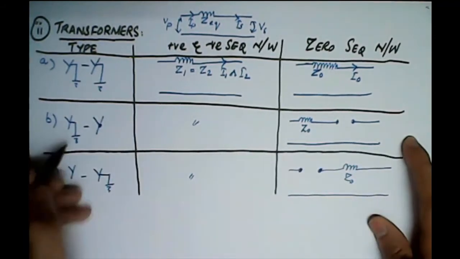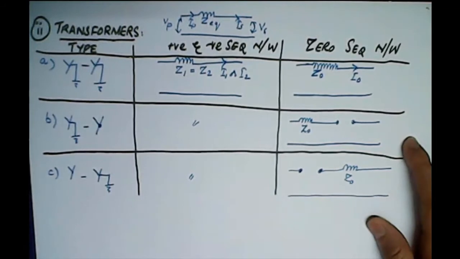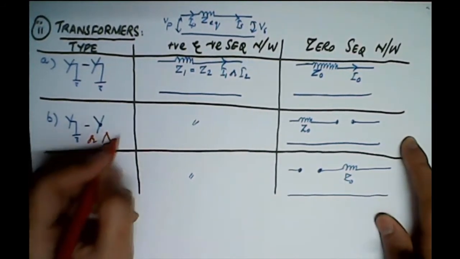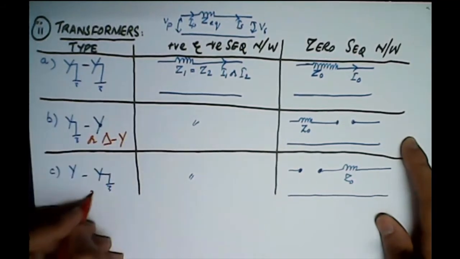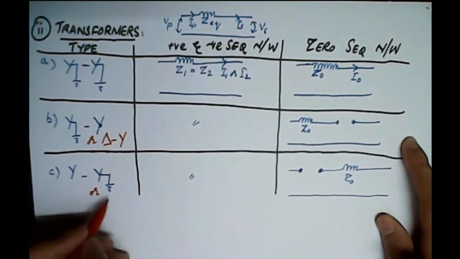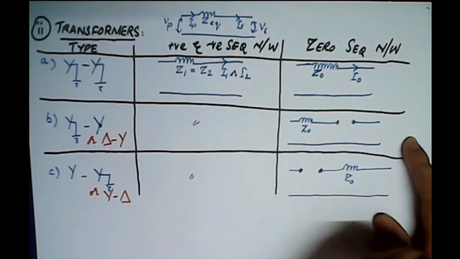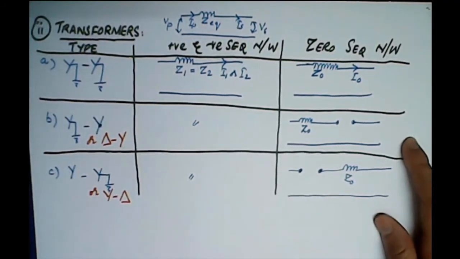And the same will be the scenario if the transformer is primary delta, secondary Y ungrounded, or primary Y ungrounded with secondary delta. This scenario will be the same.